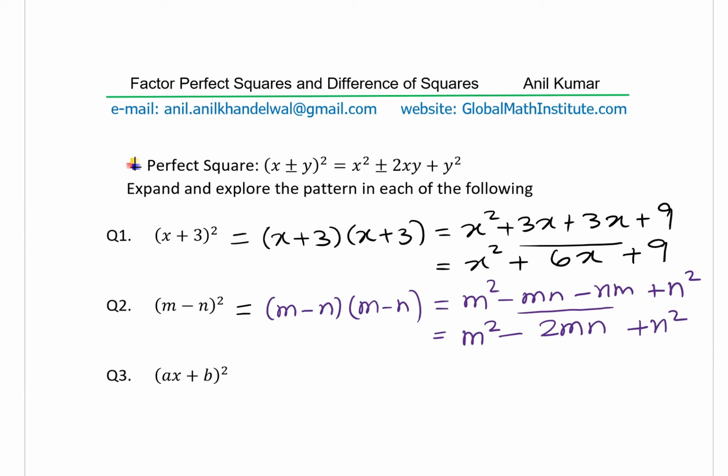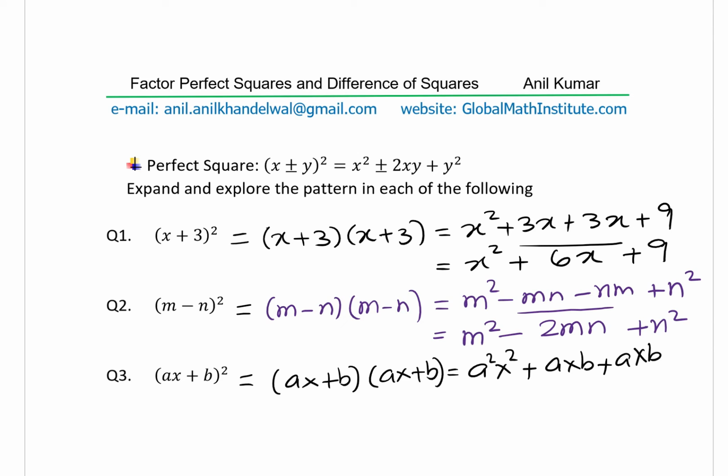Now let's take the last one here, which is ax plus b whole square. So this can be written as ax plus b times ax plus b. So when you multiply ax with ax, you get a square x square plus axb, plus when you multiply by b, you get axb again and b square.